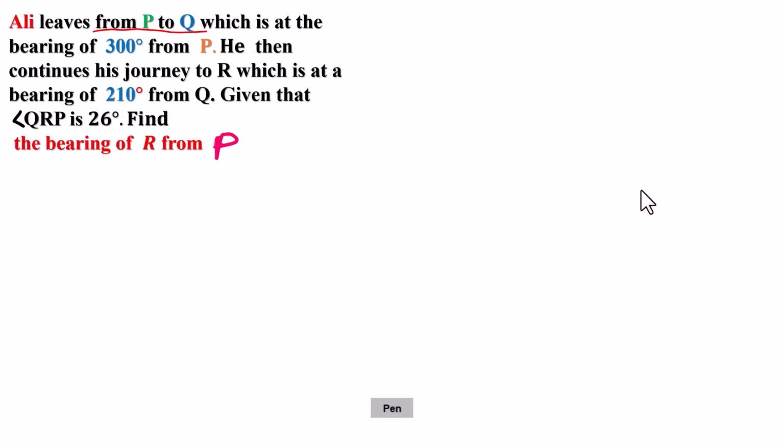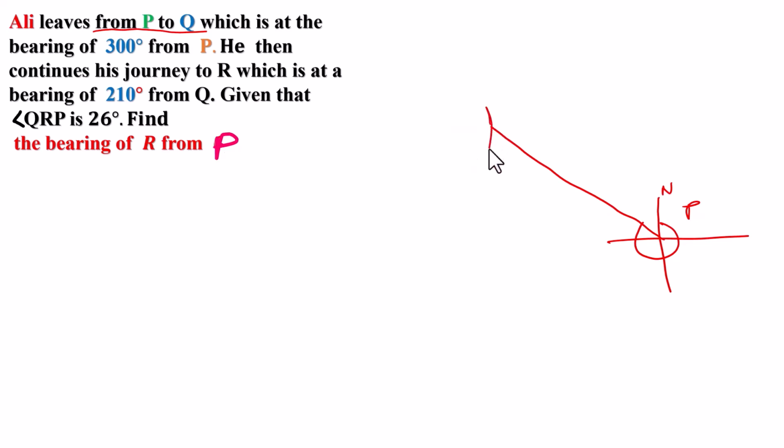So 300 moves this way. This is P, and this is our Q. So this side is 300 degrees. That's the first statement.